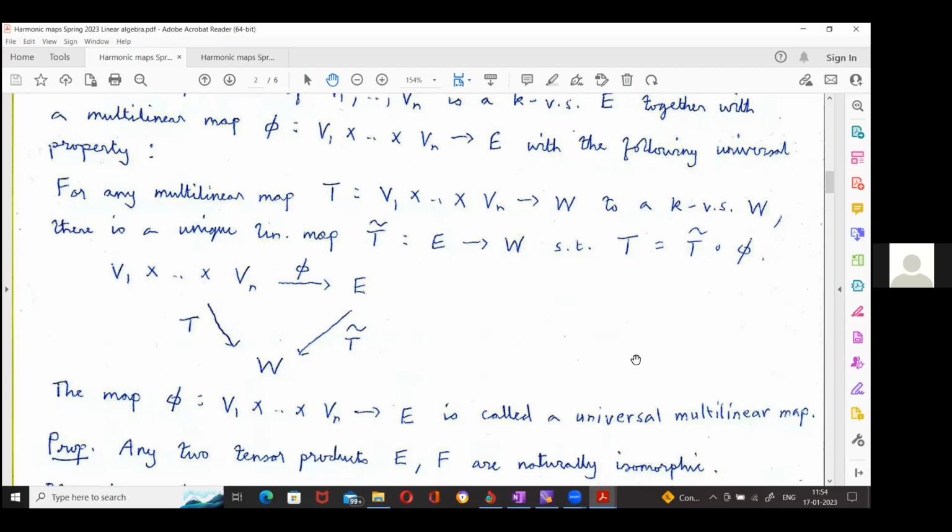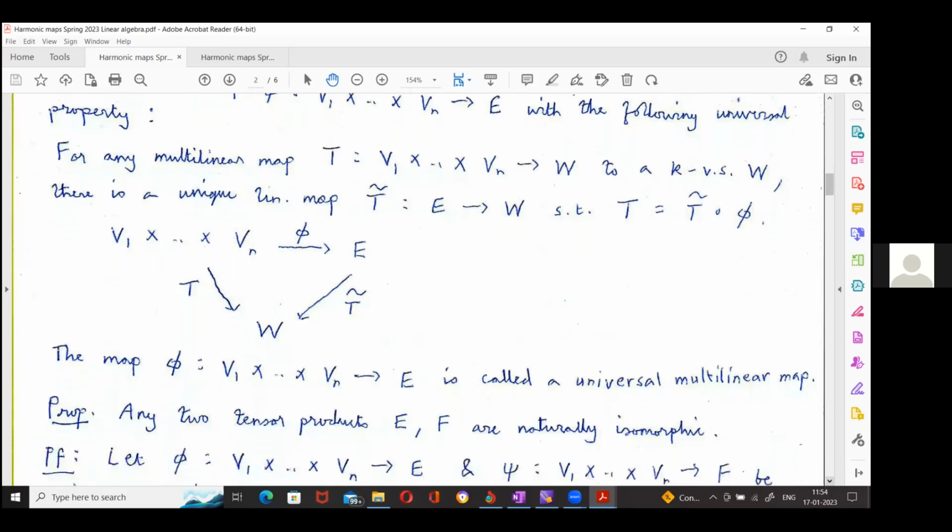So I won't go into the existence. You can look up the construction of a tensor product and the fact that it satisfies this universal property. It's not very difficult, but I don't want to spend time on that, so I'll leave it to you to look that up. But we will prove some facts about tensor products.